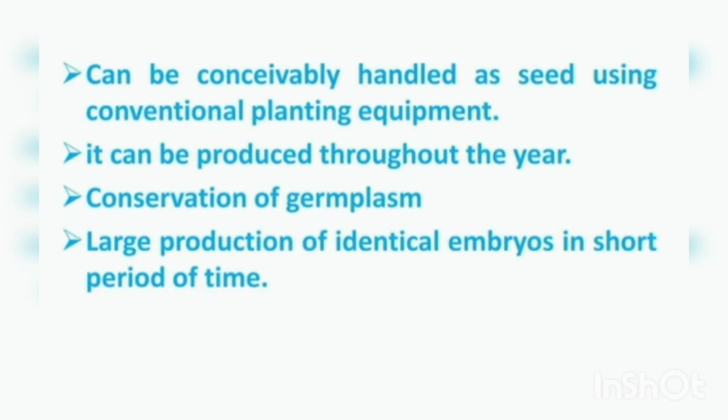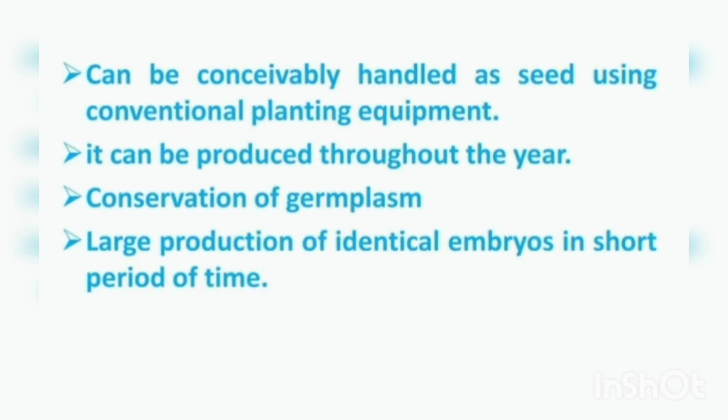They can be produced throughout the year. We know some plants produce seeds only in a season, but if we use somatic embryos, then we are able to get seeds throughout the year. Germplasm conservation is possible. Large scale production of identical embryos in a short period of time is possible.